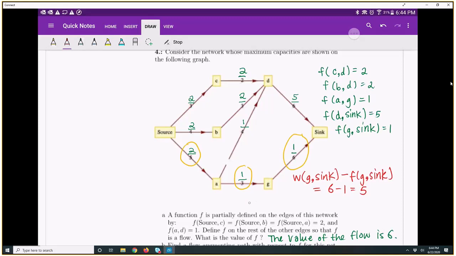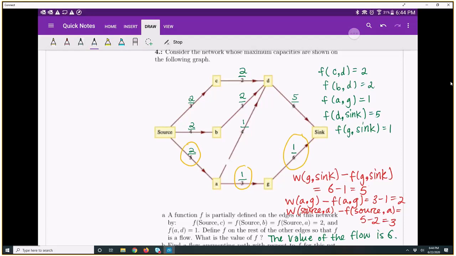The weight from A to G minus the flow from A to G is equal to 3 minus 1, which is 2. And the weight from source to A minus the flow from source to A is going to be 5 minus 2, which is 3.